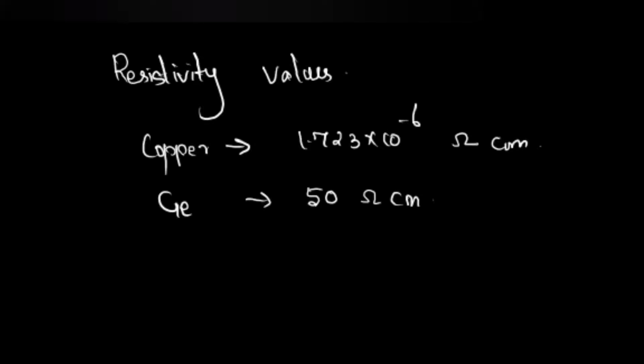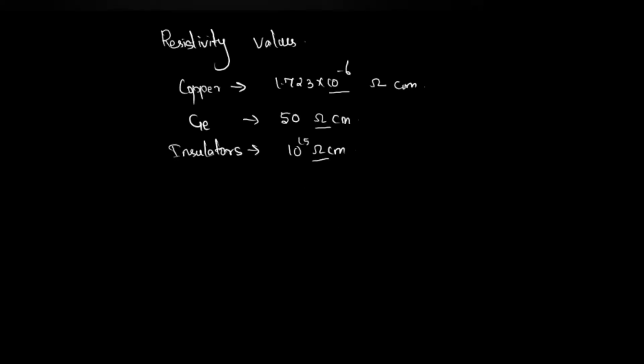And for all other insulators in general, it is of the range 10 power 15 ohm centimeter. So we can see how these resistivity values vary for conductors, semiconductors and insulators. This is the reason why conductors, semiconductors and insulators behave differently to the flow of electric current.